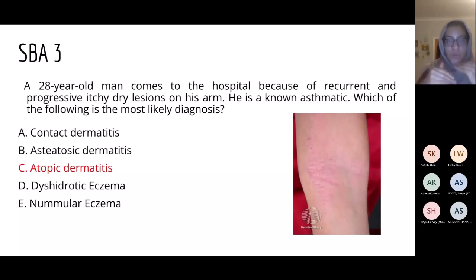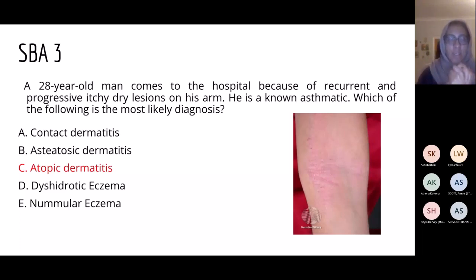Now, the other forms of eczema or dermatitis: you have contact dermatitis. It means what it says in the name. It's due to irritation from contact with certain things like metals, and it's a kind of allergic reaction. You would see that in the history of an individual, who would mention, when I touch XYZ, or I notice this rash in a particular area of my skin, and it can be quite localized.